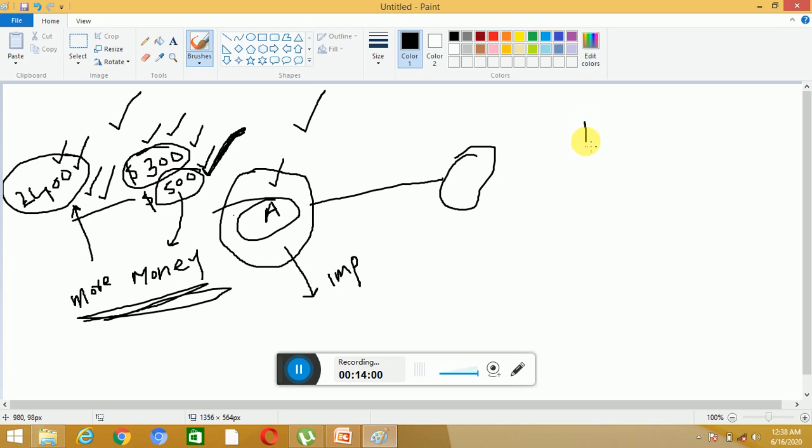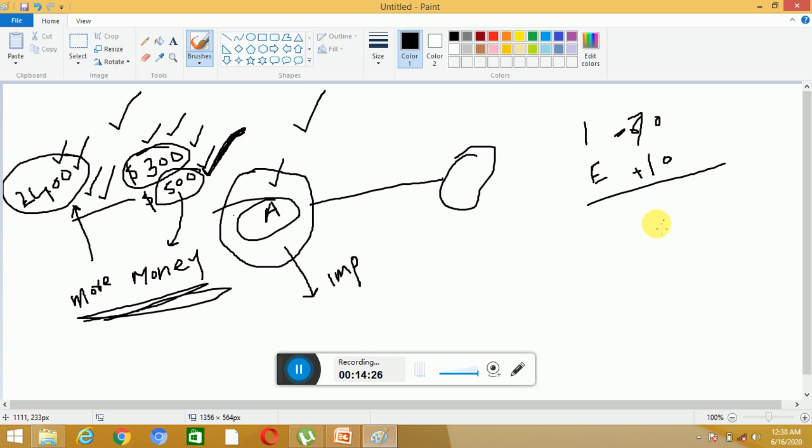Why? If imports increase, previously it was 60 billion, now it increases from 60 billion to suppose 70 billion, and exports, so I'm making payment for imports, and for exports I'm receiving money, it is plus.